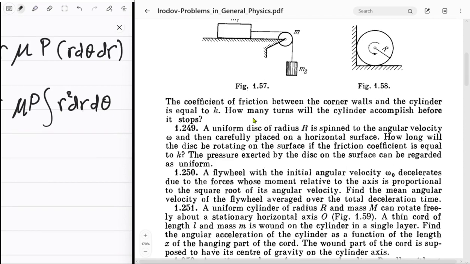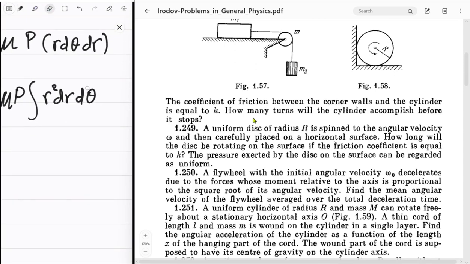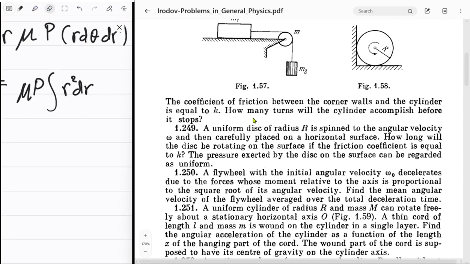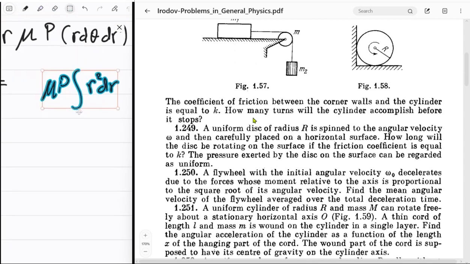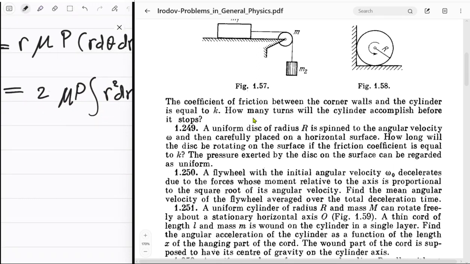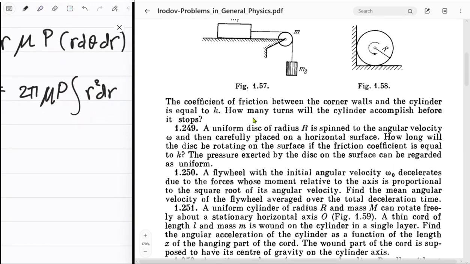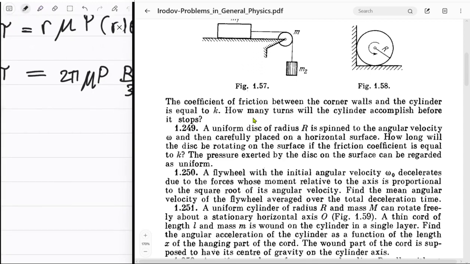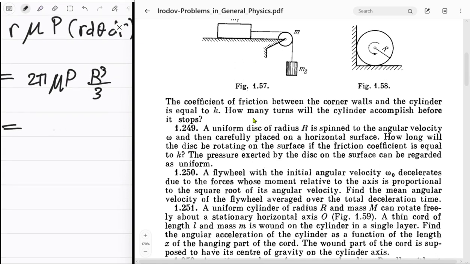The theta integral will just make this equal to 2 pi. And this integral is going to be R cube upon 3, capital R cube, of course. There we go, you got the torque. I hope it's correct. So you got 2 pi mu and then R cube upon 3.